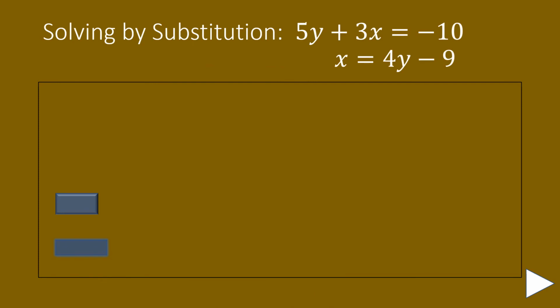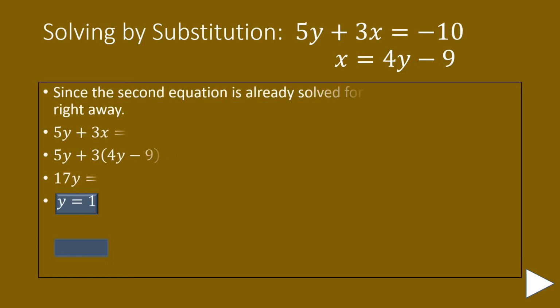To understand this part, let us take these two equations: 5y plus 3x equal to negative 10, and x equal to 4y minus 9. The second equation is already in the form x equal to a function of y. So you can substitute the second result in the first equation.